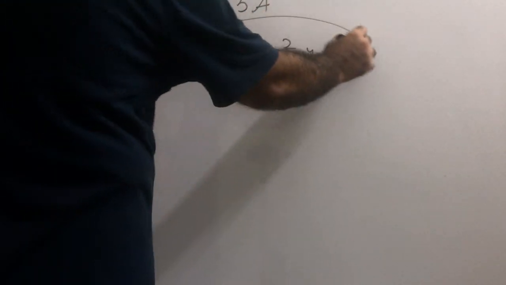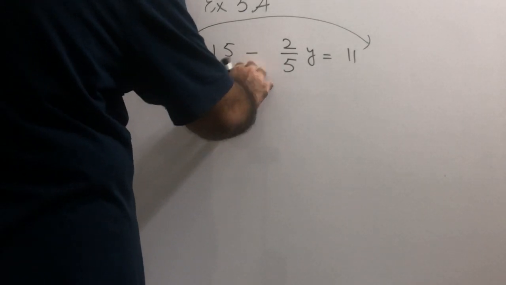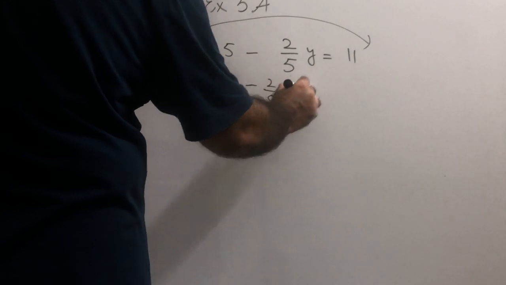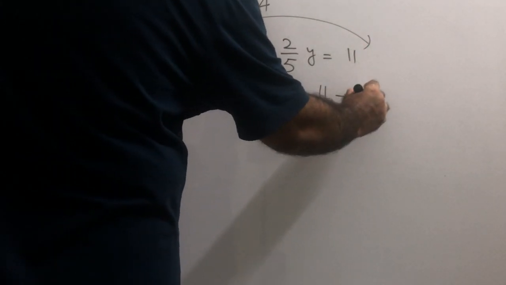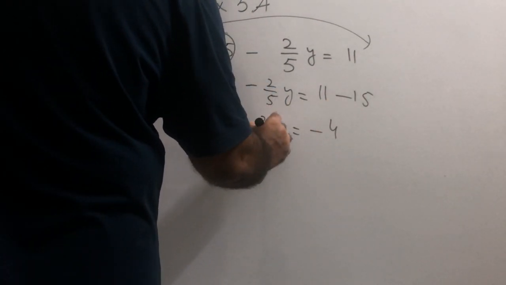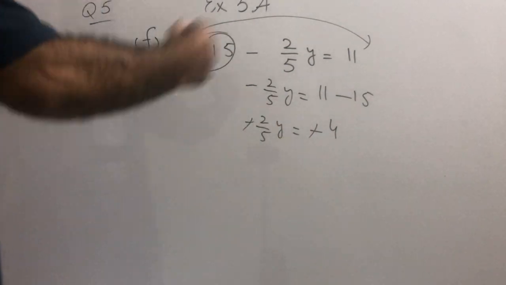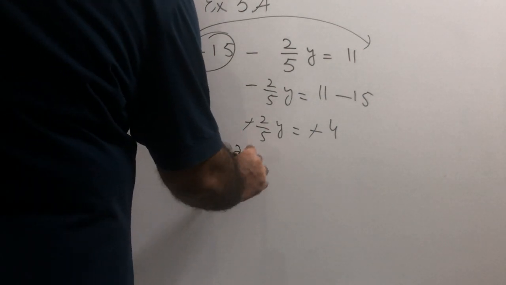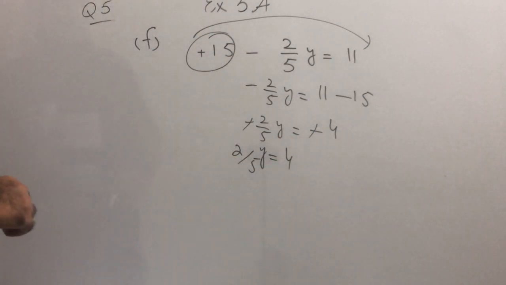When it moves to the other side, it will bear a negative sign. Minus 2 over 5 y remains the same. 11 goes to the other side, it becomes minus 15. 11 minus 15 is minus 4 is equal to minus 2 over 5 y. Minus can be cancelled on both sides. So now we have 4 is equal to 2 over 5 y.